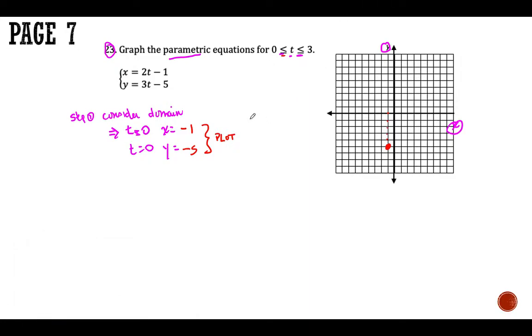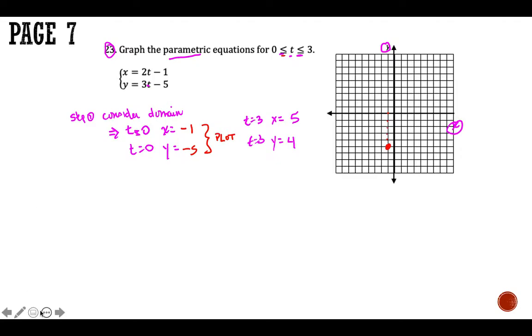So when t is equal to 3, x is equal to something, and when t is equal to 3, y is at what position? So 2 times 3 is 6, 6 minus 1 is 5. At time 3, what is y doing? 3 times 3 is 9, 9 minus 5 is 4.